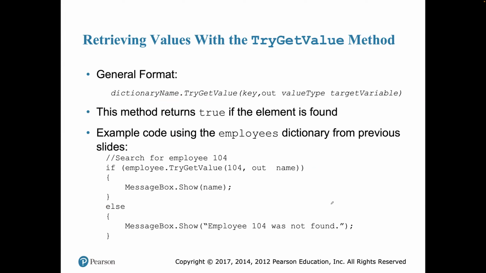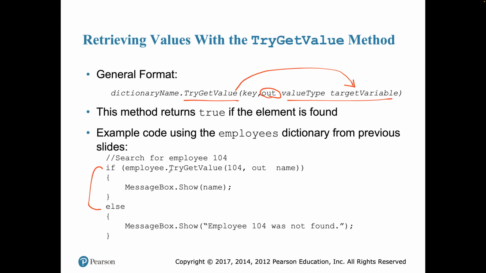If this key exists in this dictionary, then this method will return true and return the value to this out target variable. So basically, it can be used for the if-else condition.